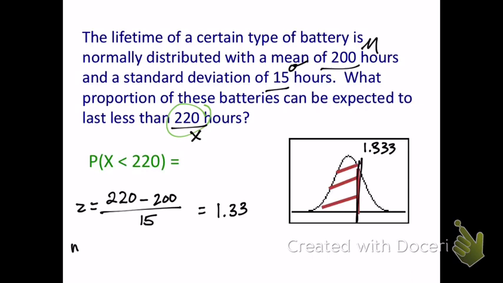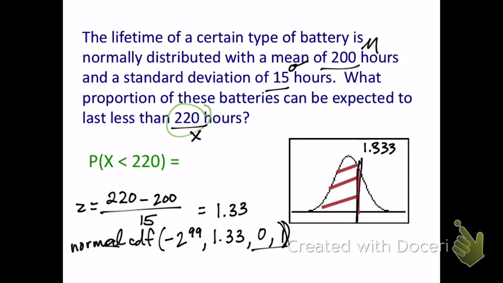The second thing I could do is normal CDF. My lower bound would be negative infinity. My upper bound would be 1.33. I have a mean of 0, a standard deviation of 1. And I use 0 and 1 because I standardized it first.